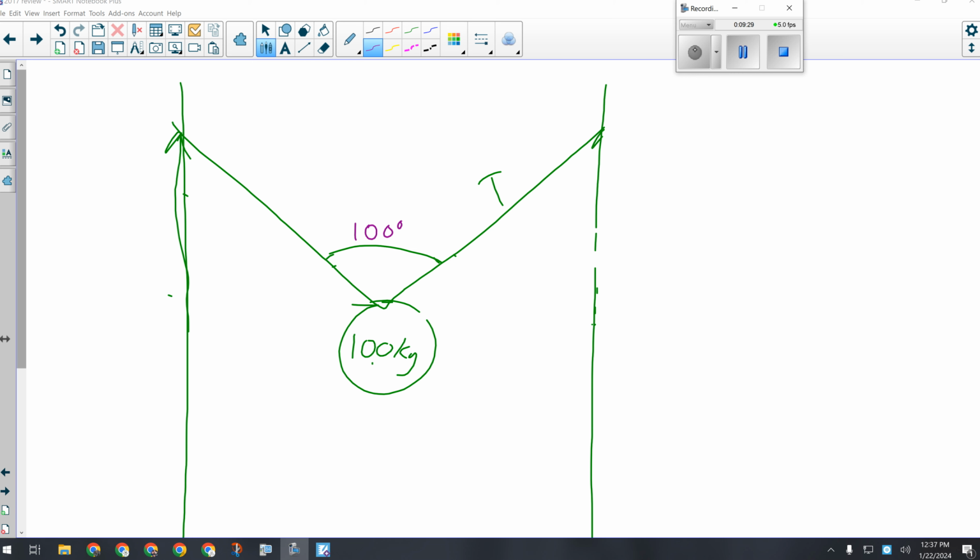The mass isn't moving, it's suspended by 2 cables, which split the weight of this 100 kilogram mass. The weight acts directly downwards and is 981 newtons. That means these cables have to produce an upward force between them of 981 newtons, so each one of them holds half of that.